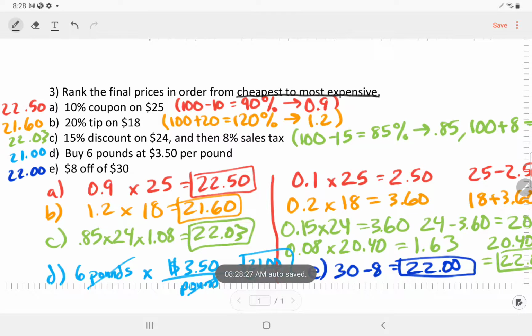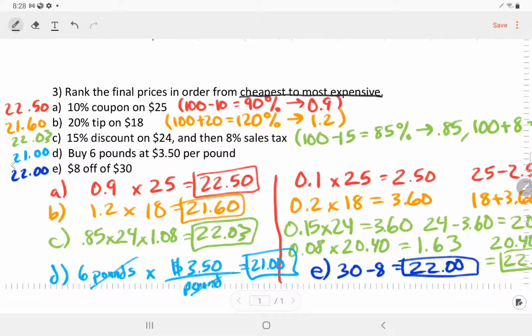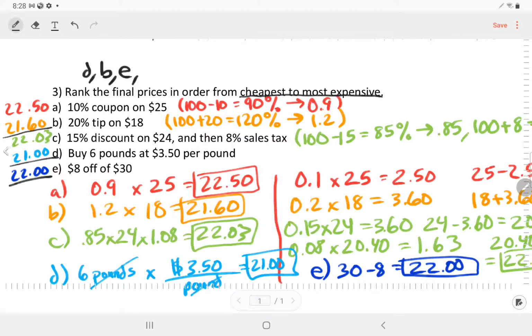So if we look at all the prices, we'll notice that our cheapest will be D at $21. Then our next cheapest will be $21.60, which will be B. Then will come $22, which is E. Then we have $22.03, which is C. And then our most expensive will be $22.50, which is A.